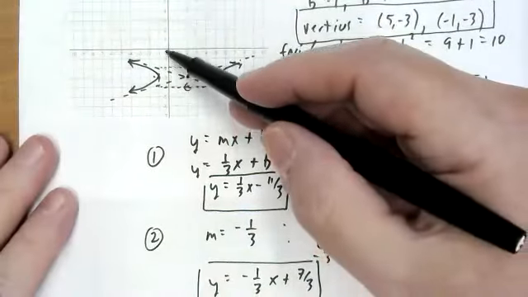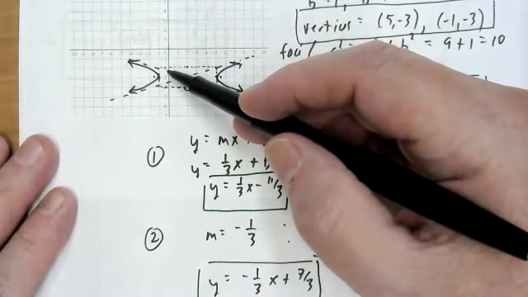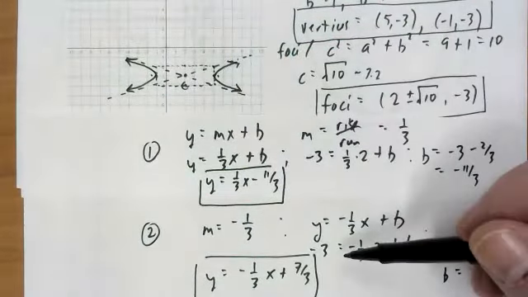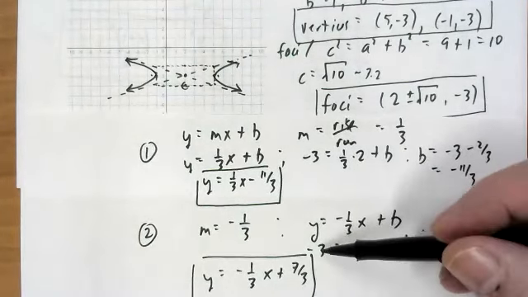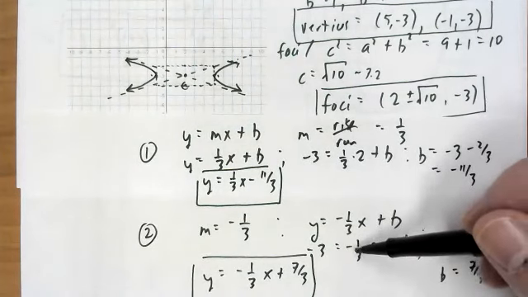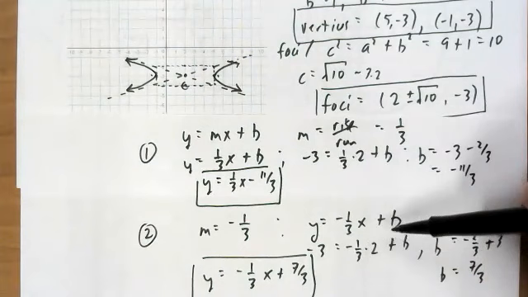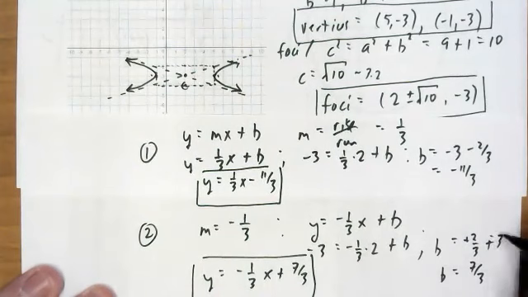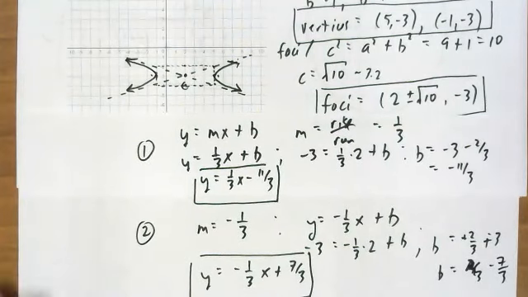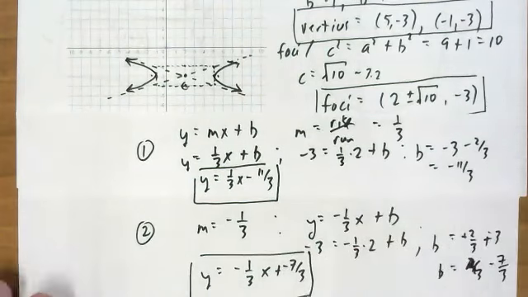Because if I look, this y-intercept should be negative. So I must have made a mistake. Oh, it should be like this, sorry. So this is going to be -7/3, which sounds better. So -1/3 x minus 7/3.